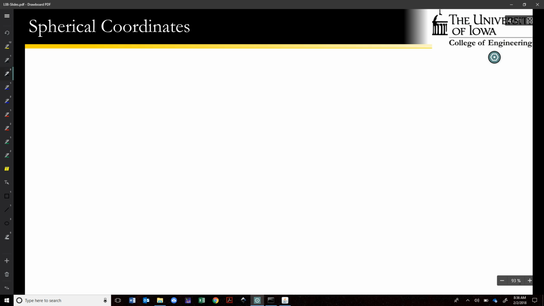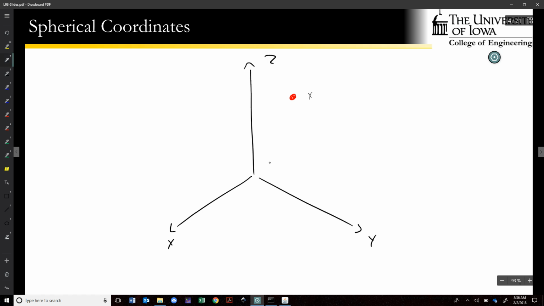So, a quick reminder on what spherical coordinates really are. This is probably old hat to everyone in here, having done some dynamics and physics. The idea is, if you have your XYZ coordinate system, then some point in space is defined by x naught, y naught, z naught. The alternative representation, in spherical coordinates, would be to draw a line straight to that point.